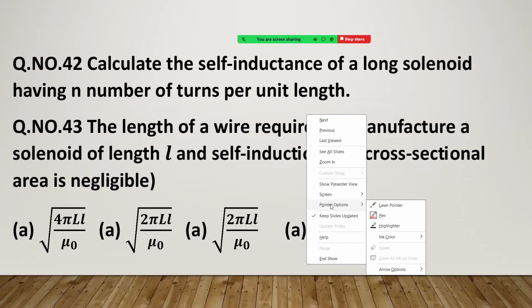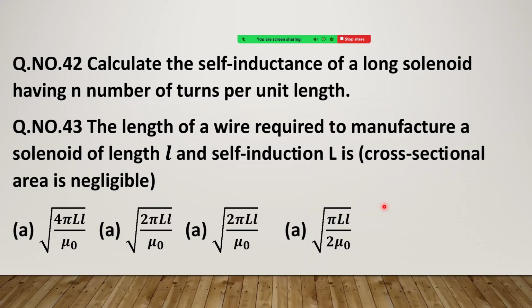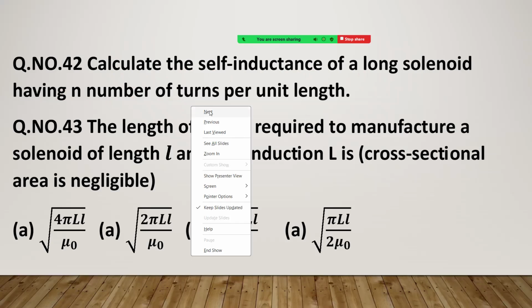Let's see the first question. Calculate the self-inductance of a long solenoid having n number of turns per unit length. The question gives a long solenoid.